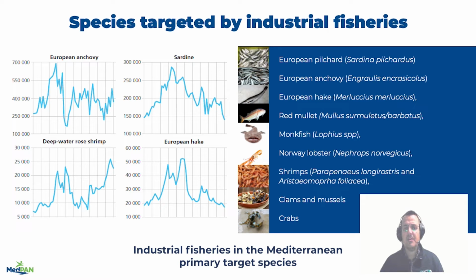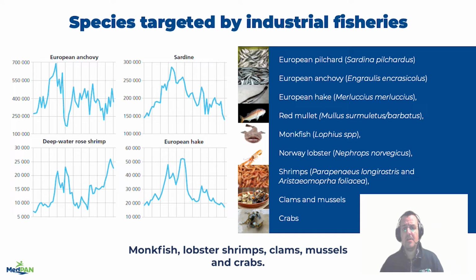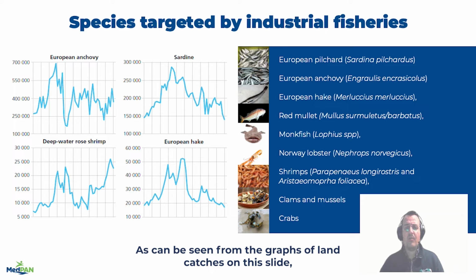Industrial fisheries in the Mediterranean primarily target species like the European pilchard, anchovy, European hake, red mullet, monkfish, lobster, shrimps, clams, mussels, and crabs. As can be seen from the graphs of landed catches on this slide, overfishing and unsustainable fishing practices have led to a significant decline in several of these species targeted by industrial fisheries in the Mediterranean Sea.